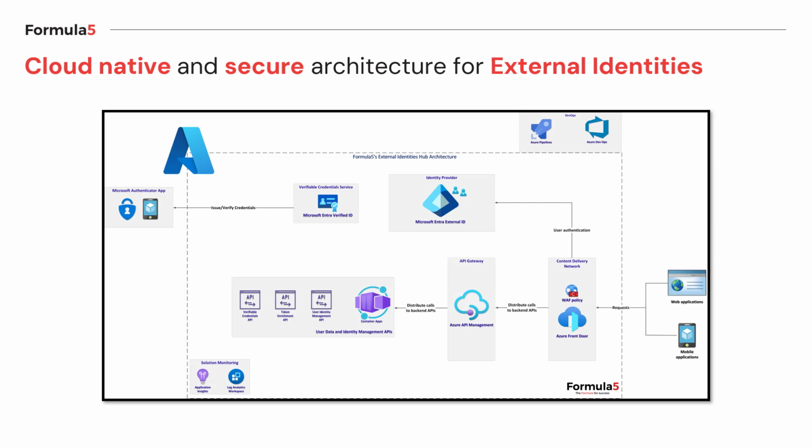However, there are all other components to host APIs, for instance, like Azure Containers apps, Azure API Management, which is used as an API gateway to access those APIs in a secure way, Azure Front Door to enable custom domain for Microsoft Entra External ID, Microsoft Entra Verified ID Service here, monitoring with Log Analytics Workspace and Application Insights, and also Azure DevOps to make sure that the solution can be automated. So Azure DevOps is used here to install all the templates, all the scripts, and also to configure deployment pipelines.